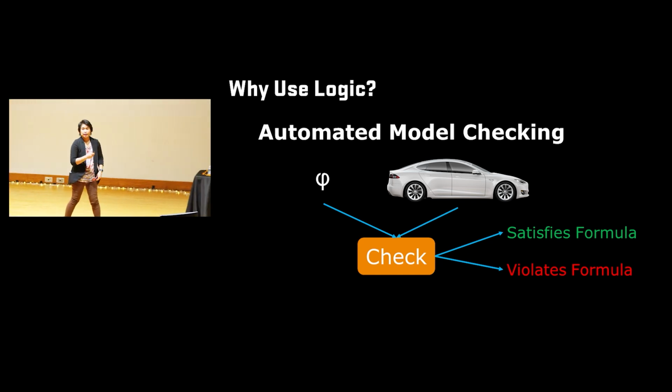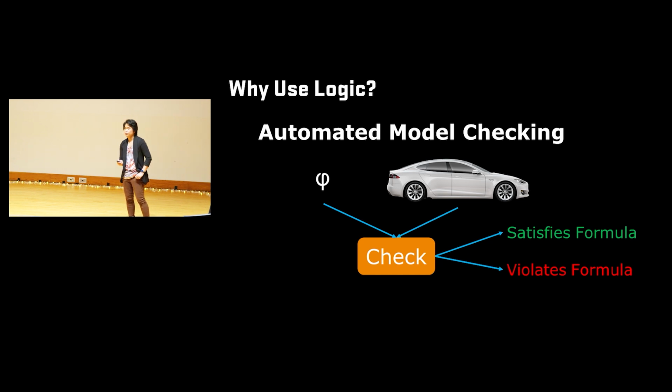But why use logic in building these systems? Well, logic and formulas can be useful in tools such as automated model checking. This allows us to actually verify that the system will work as intended and satisfy the rules we put forth in these formulas. It will also let us know if there's ever a time it's going to violate these formulas.